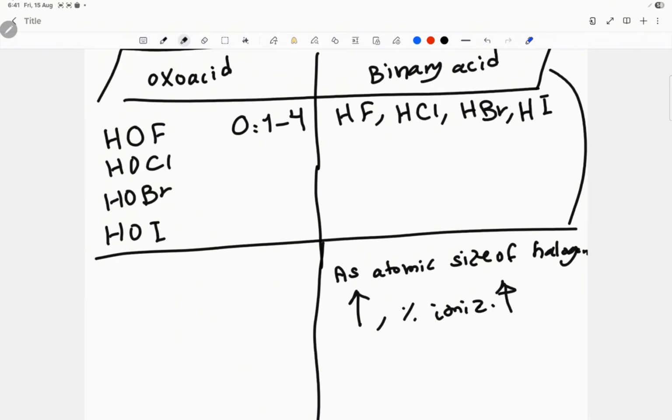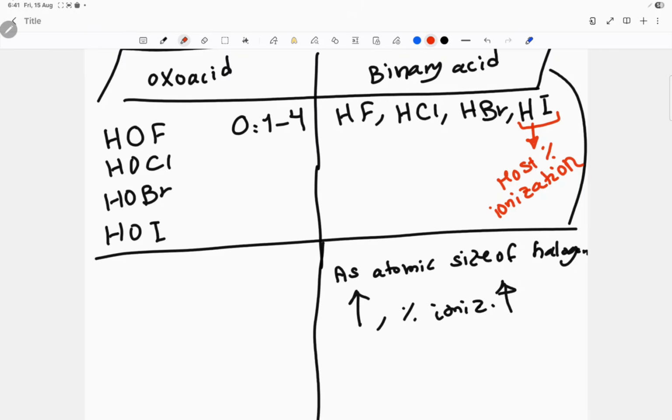Not Br, I is the biggest. It's in period 5. The higher the period, the higher the atomic size. So HI will have the most percent ionization. The larger the atomic size of the halogen, the more the percent ionization.